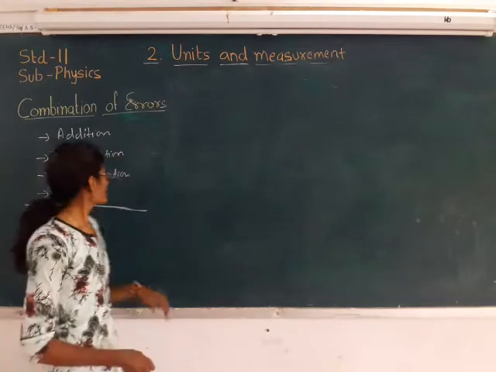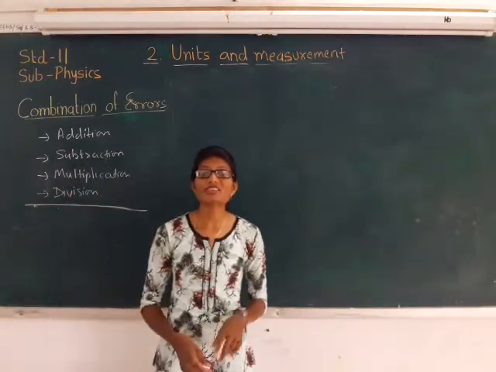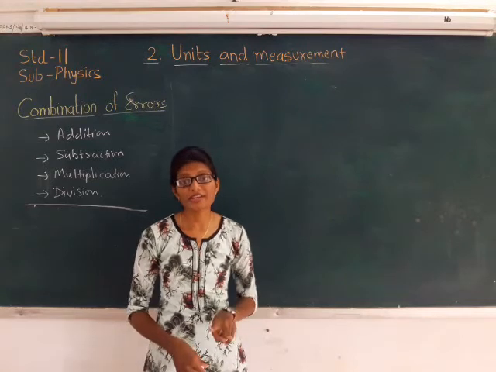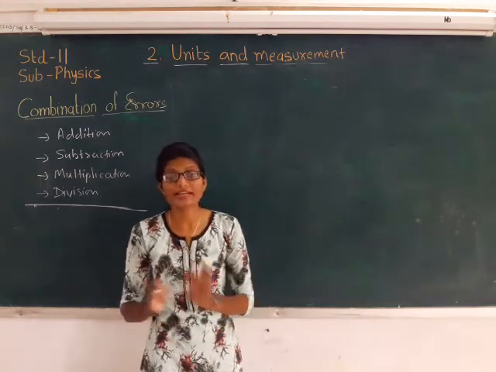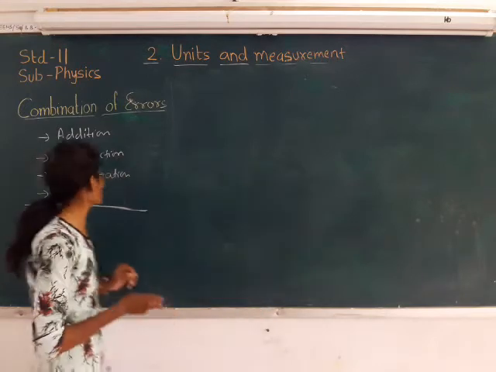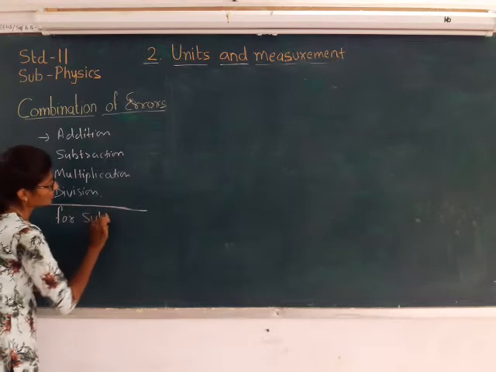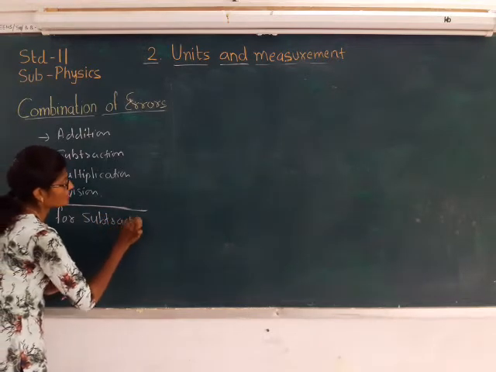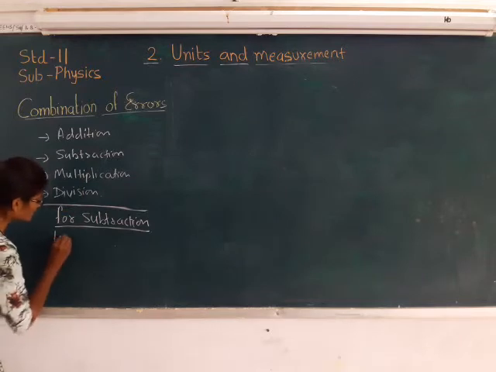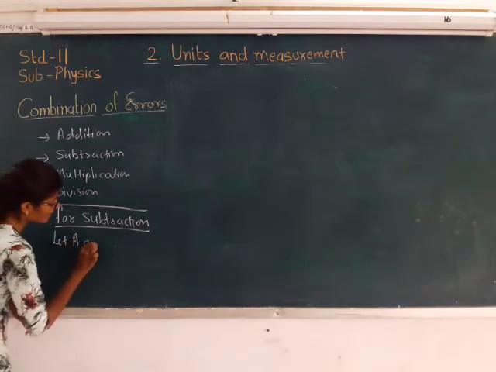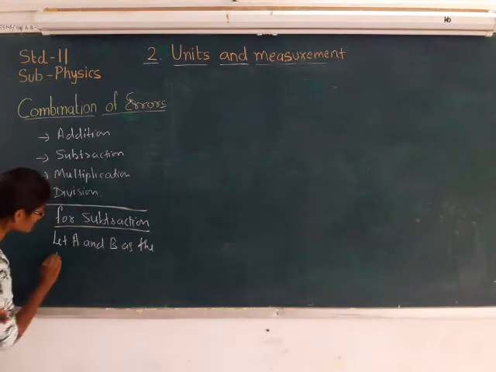Now see, now going to the next mathematical operation, that is subtraction. That is when two physical quantities are subtracted, then how can we calculate the error in its result, that is the error in its difference. So next is for subtraction. Okay. Again let us take A and B as the physical quantities.